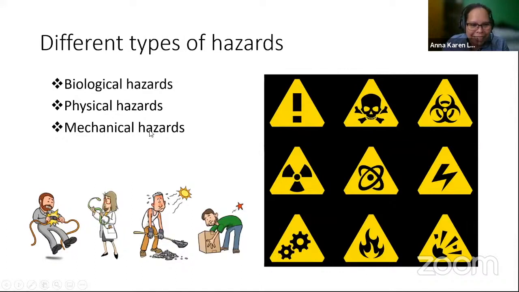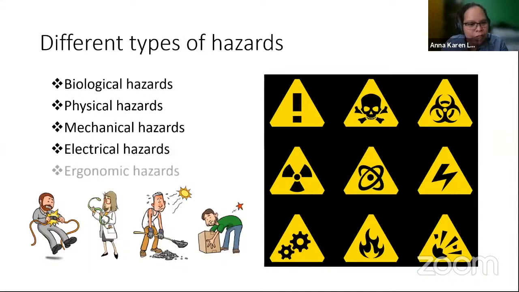You also have to identify them. Electrical hazards are those that can cause electric shock or electrocution. Ergonomic hazards, like if you're going to lift heavy objects, you need to know how to lift them properly.